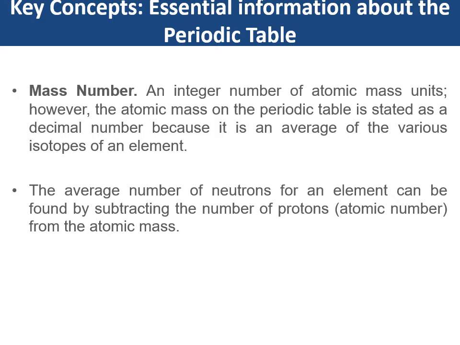The average number of neutrons for an element can be found by subtracting the number of protons, or the atomic number, from the mass number. Tandaan nyo yung mabuti, class.